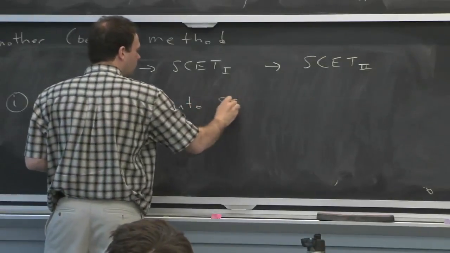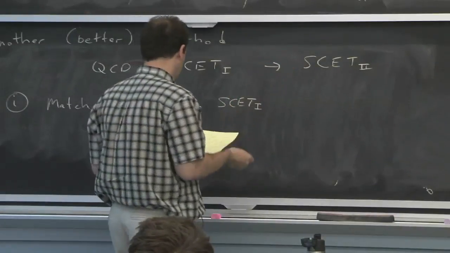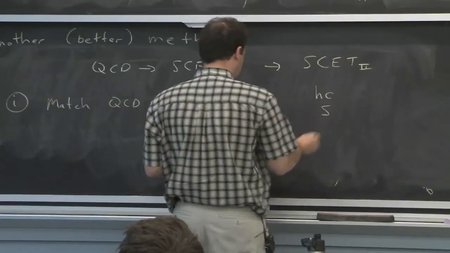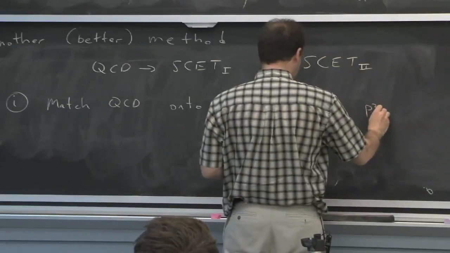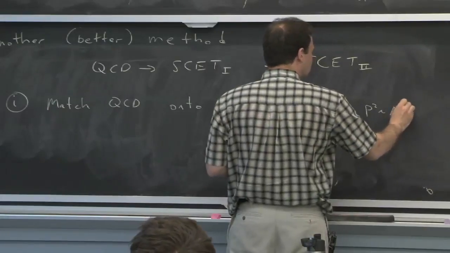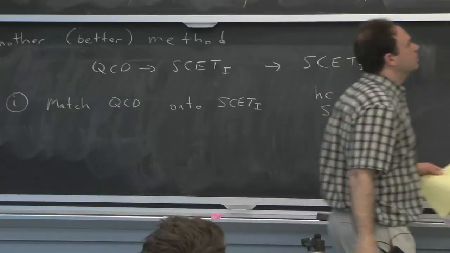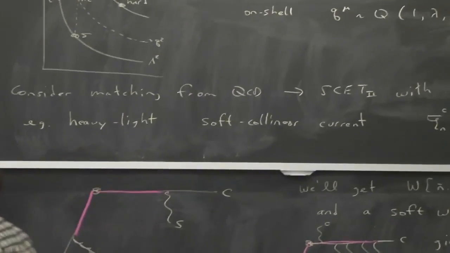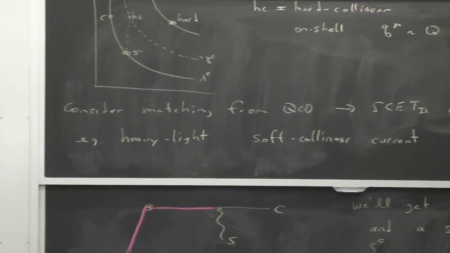We're first going to use an SCET1 that doesn't have the collinear mode, just has the soft mode and the hard collinear mode. So it has what I called HC in the picture, and S. Say this is of order lambda squared: then you'd have the soft mode that has p squared of order lambda squared, and this hard collinear mode that has p squared of order q lambda.